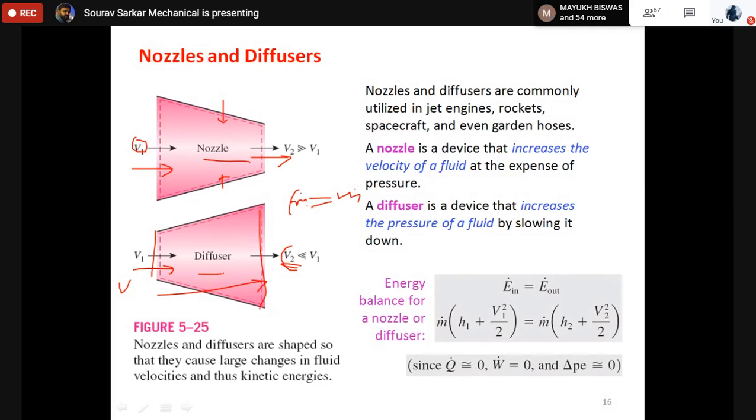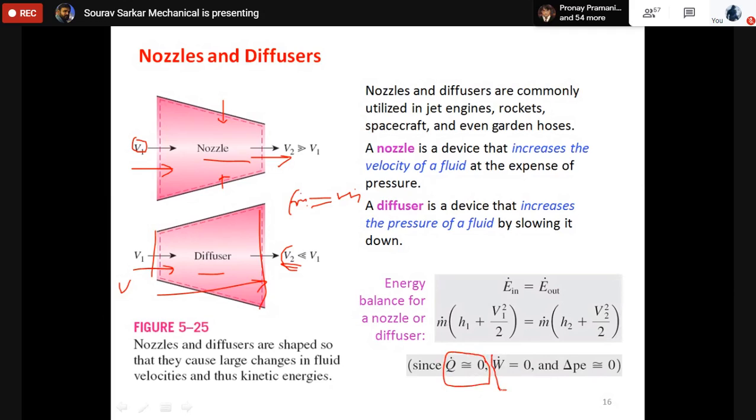So if I apply the energy balance equation, the heat transfer to the nozzle or diffuser is zero, because I am not heating it.